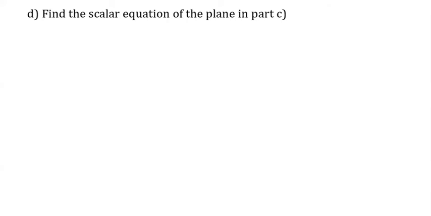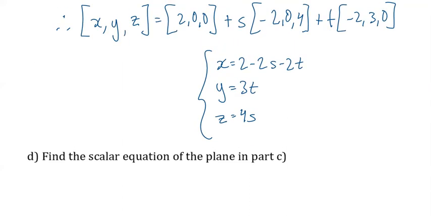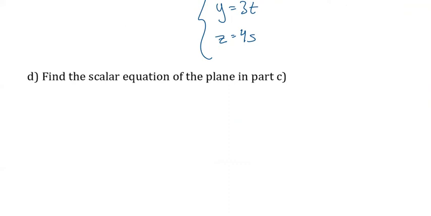So a reminder of how to do this: 0, 4, negative 2, 0 with 3, 0, negative 2, 3. 0 minus 12, negative 8 minus 0, and negative 6 minus 0.